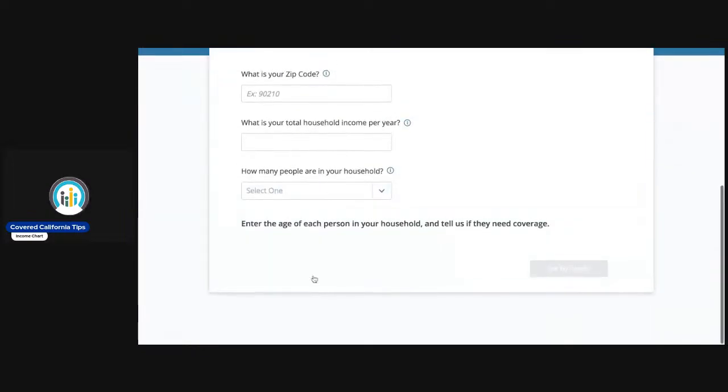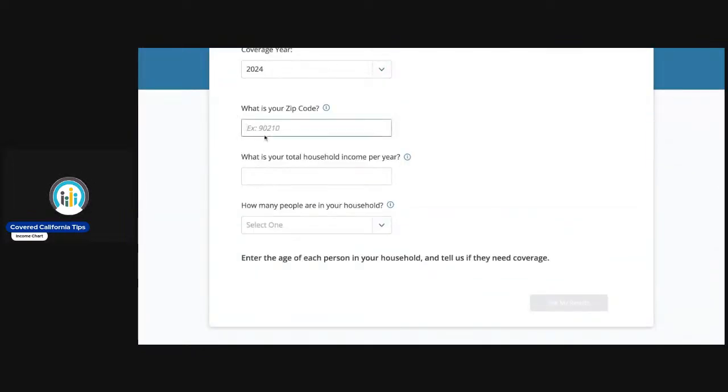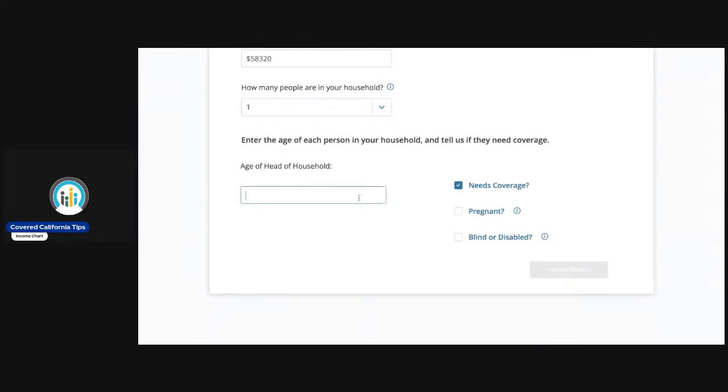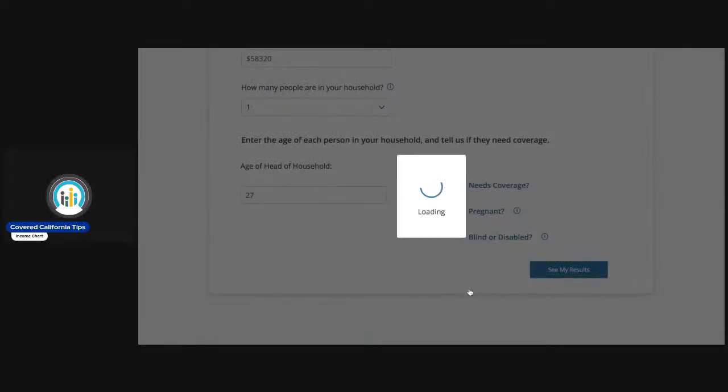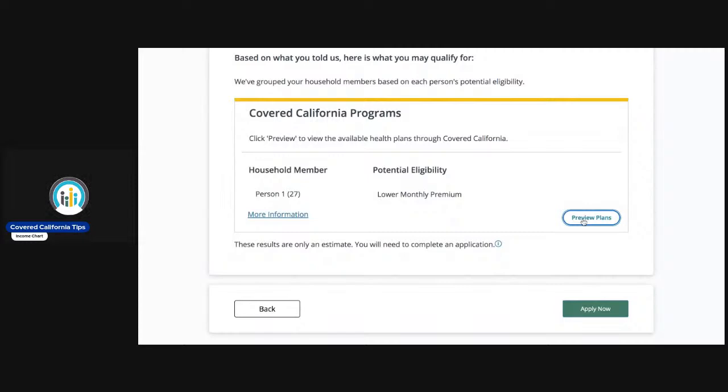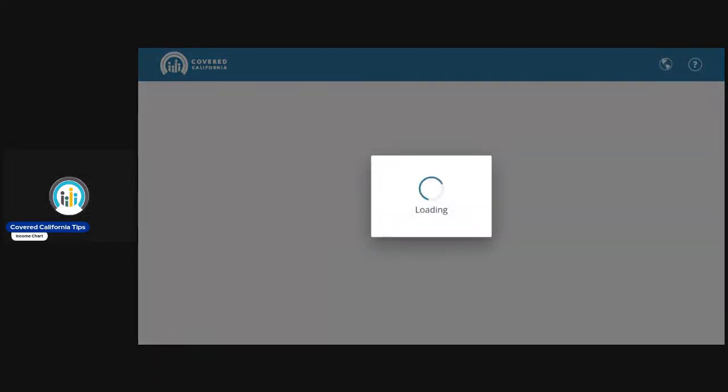So if you come back to that same person, one, and their income, for a single person, is 58,320, age 27. Same person who we just saw with a low monthly premium. It all depends upon what's considered low, right?